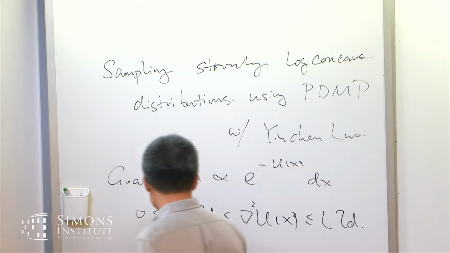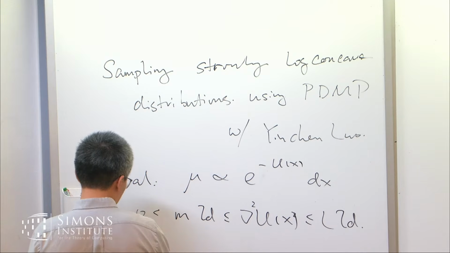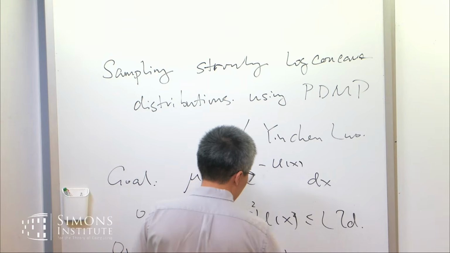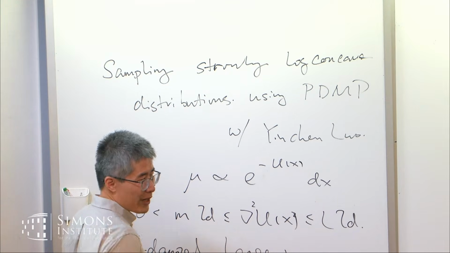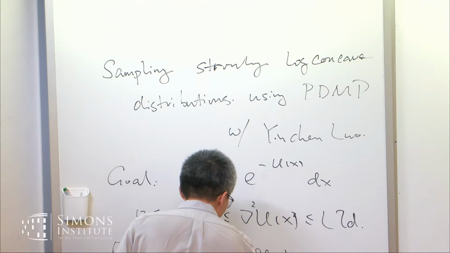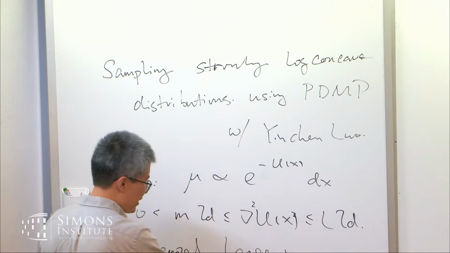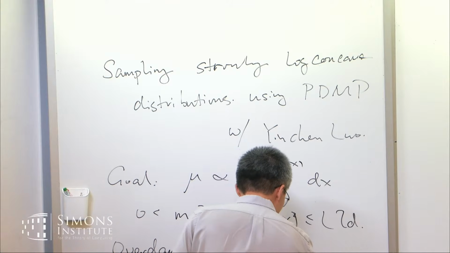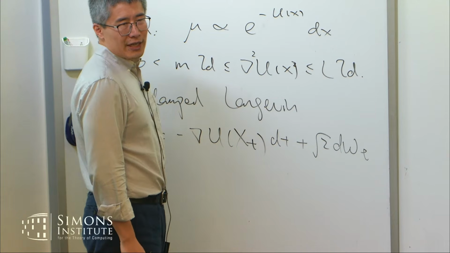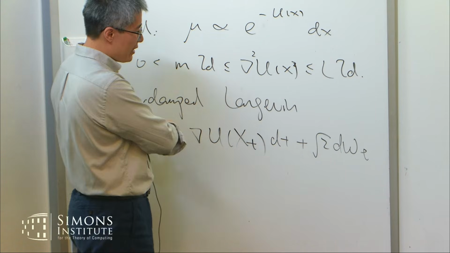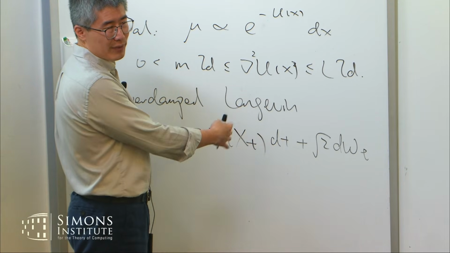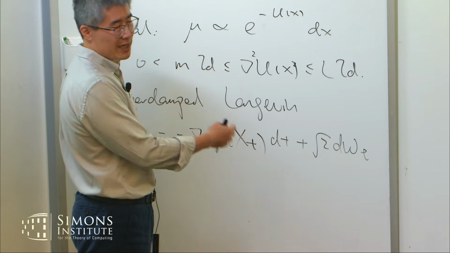One particular example is the so-called overdamped Langevin, which is an Ito diffusion, so that's where the name diffusion model comes from. dX_t is driven by the gradient of the potential, or the score if you like, plus some scaled Brownian motion. Of course this is a continuous SDE, so to turn it into an algorithm you need to discretize in time. If you want exact sampling without any bias, you also need to do some Metropolis corrections.